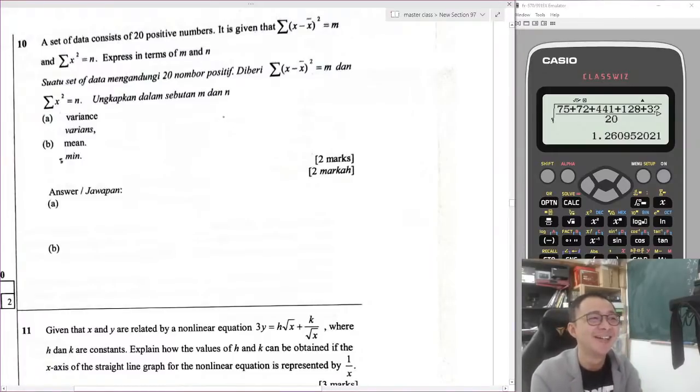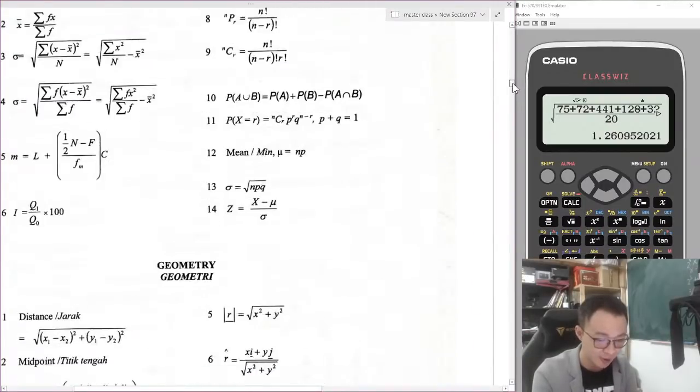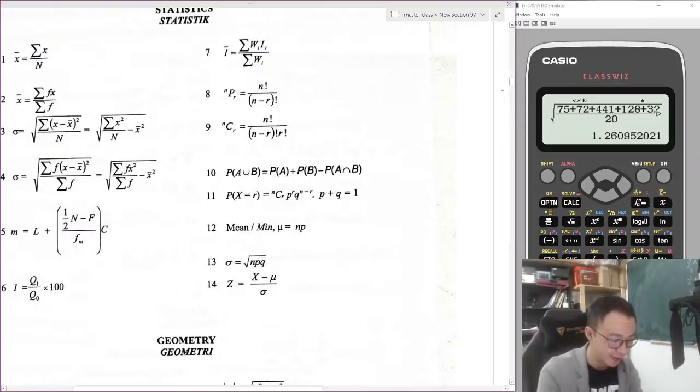Alright, a set of data consists of a positive number. It's given that, okay, you can use this one, the summation of x minus mean. You will see this in the variance or standard deviation. If you're not familiar with it, you can go back to the formula list above here. Yeah, do you see that?